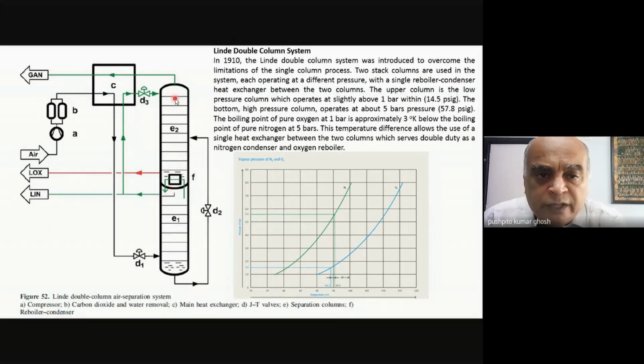So I am doing a separation again over here, but this time, from the top of the column, I am collecting gaseous nitrogen. This is the part which is giving me liquid nitrogen, and this is the part which is giving me gaseous nitrogen.